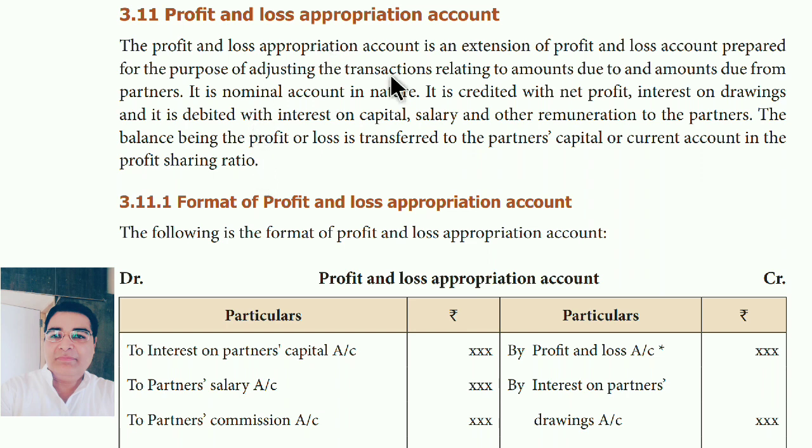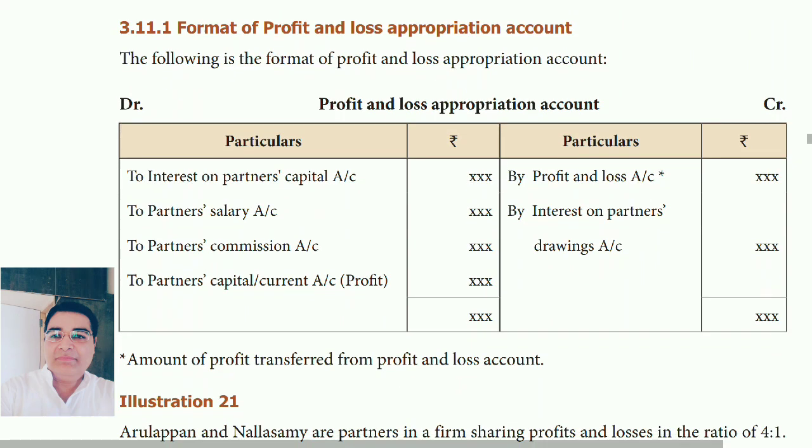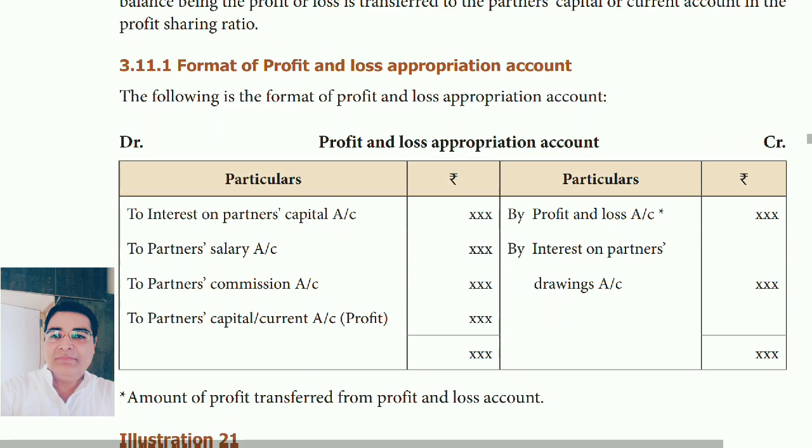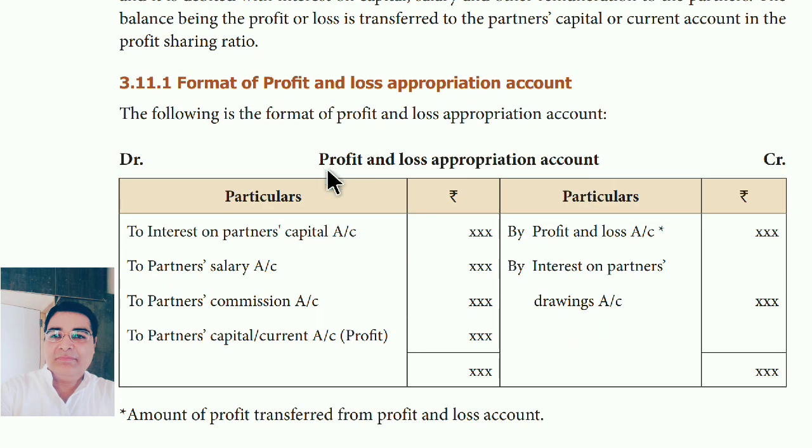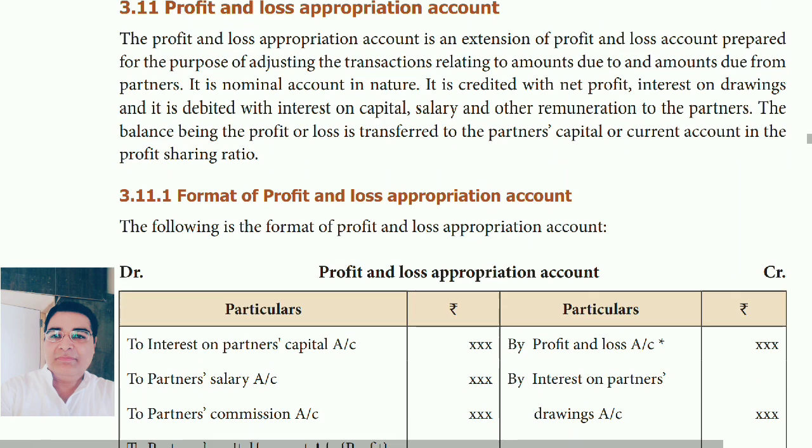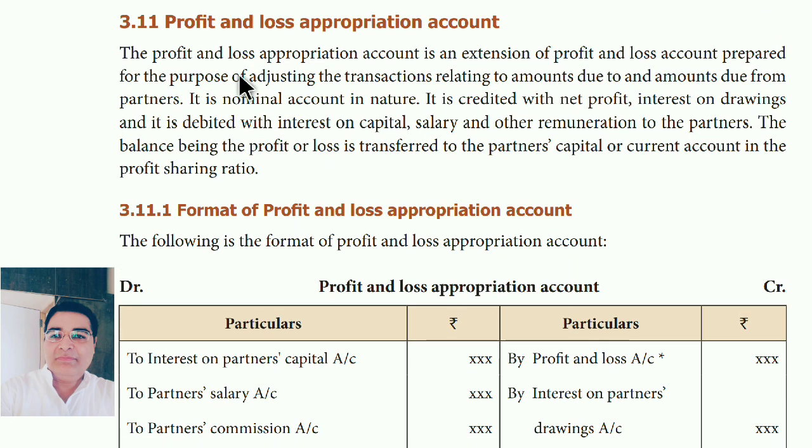Now if you want to write this answer, you can easily write it by reading this format perfectly. This is the format of profit and loss appropriation account. In the debit side these items will come and in the credit side these items will come.